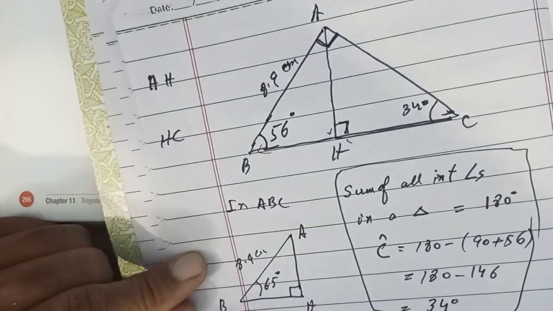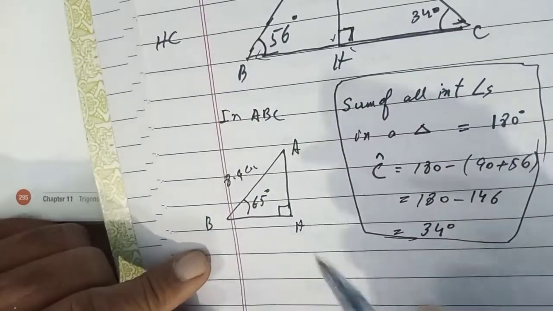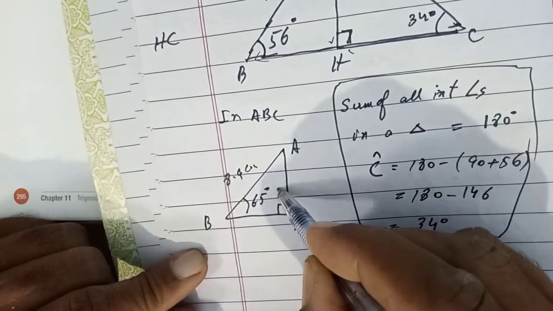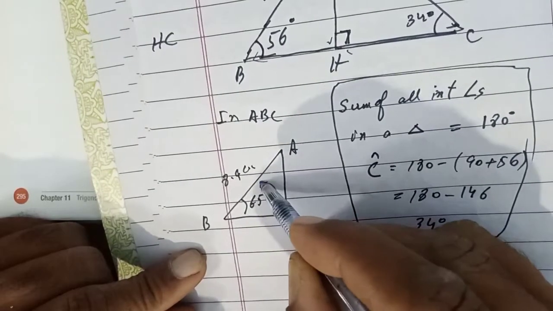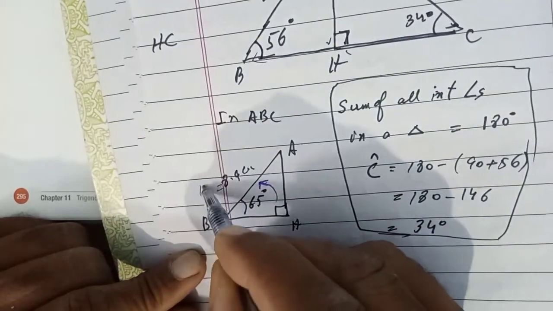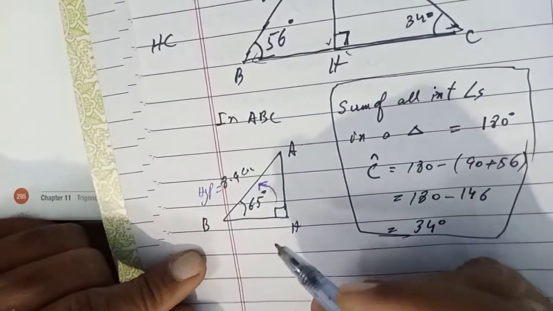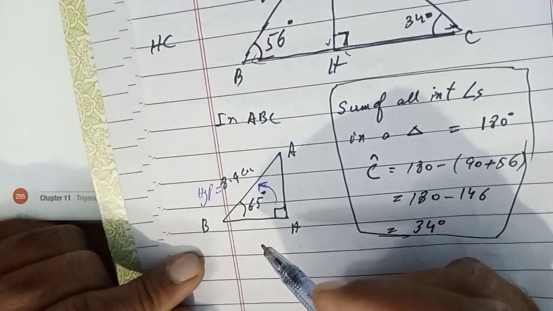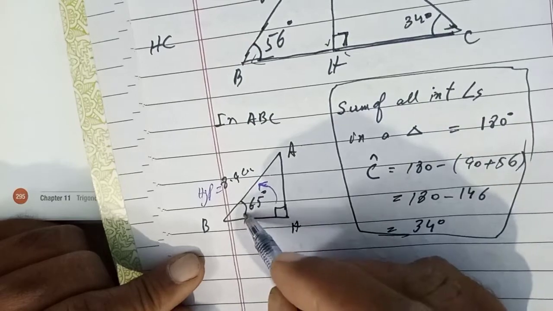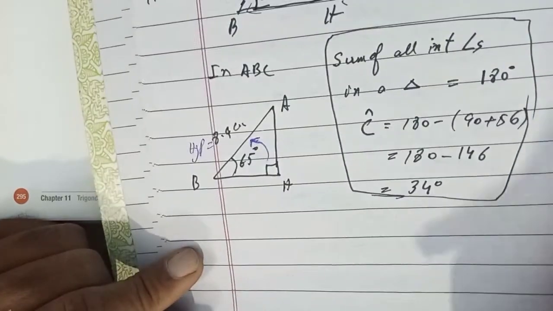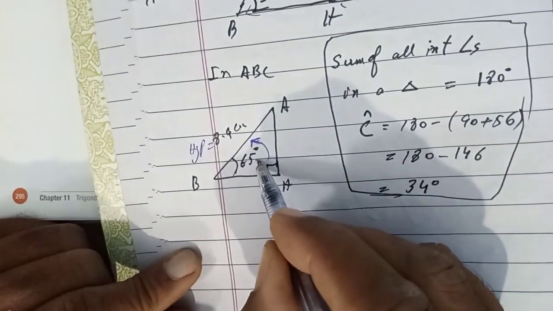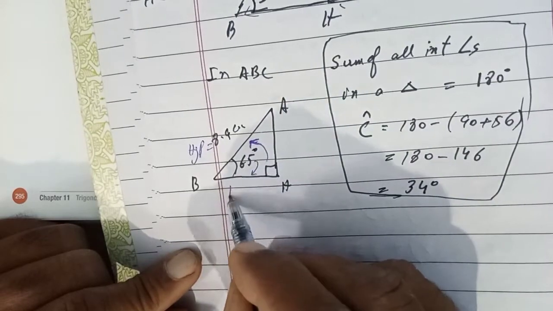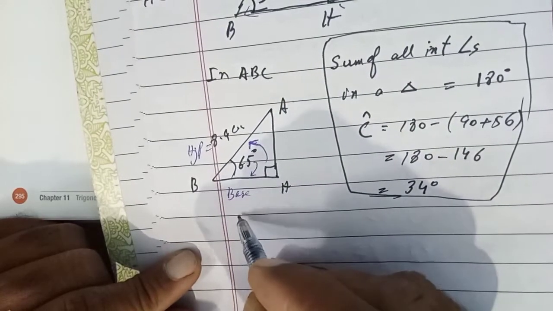First we identify what is the hypotenuse. In this triangle, this is the right angle. The side opposite to this one is the hypotenuse. As I told you in the last video, the side adjacent to the given angle is called base or adjacent side.